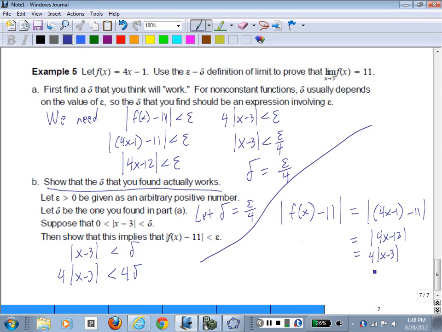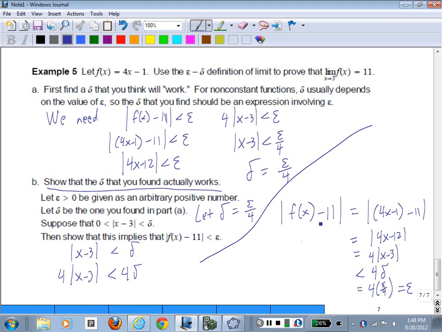So this is less than 4 delta. But what's delta? Epsilon over 4. So this equals 4 times epsilon over 4, which equals epsilon.